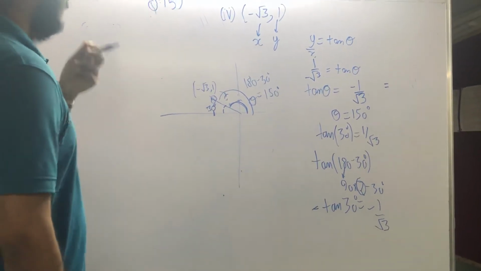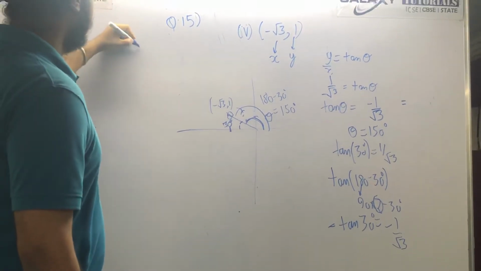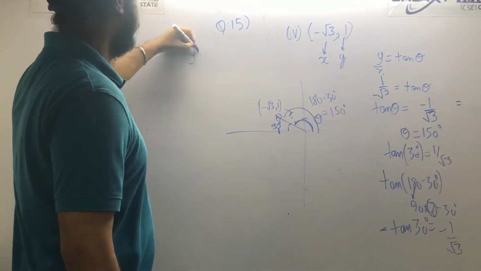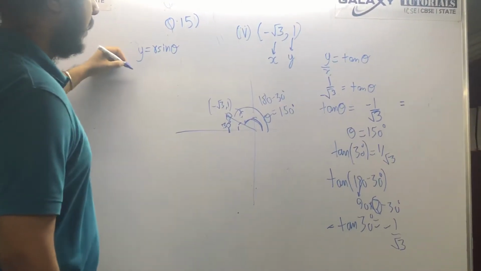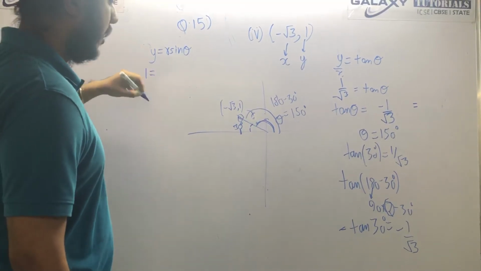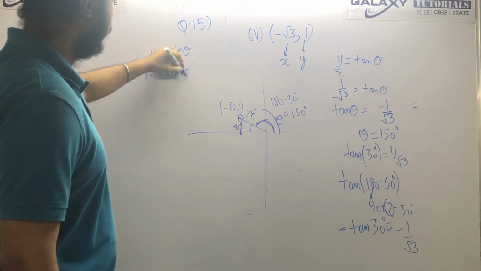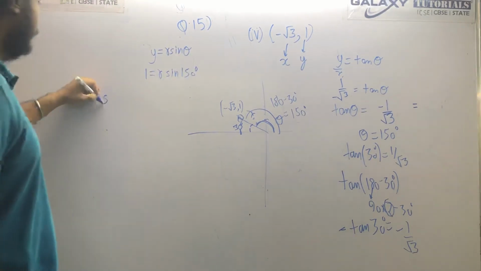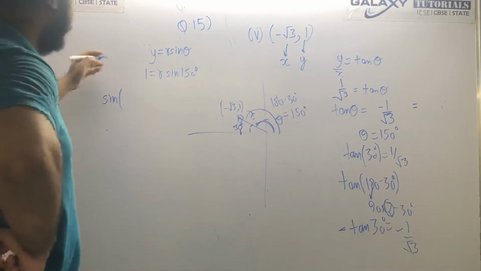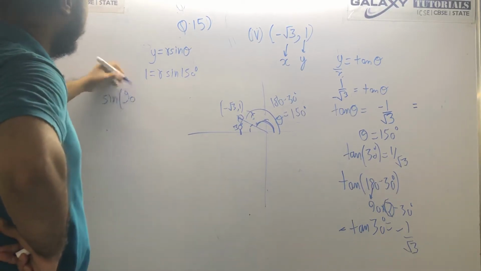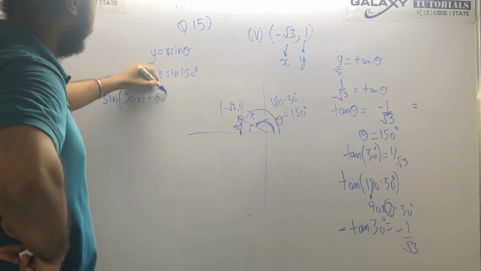Now what you have to find out is the value of r. So you know y is equal to r sin theta. y is 1, r you don't know, sin 150. How much is sin 150? It is sin of 90 into 1 plus 60 degrees.